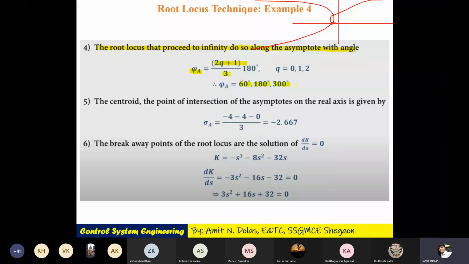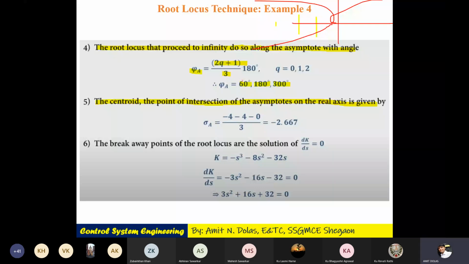Then calculation of the centroid. The point of intersection of the asymptotes on the real axis is given by, जैसे asymptote चालू होंगे 3 डायरेक्शन में, it will go at 60, 180 and minus 60. But at what point will it start? Whether it will start here, or somewhere here, that is dependent on the centroid. So calculating the centroid, sigma A will be equal to what?